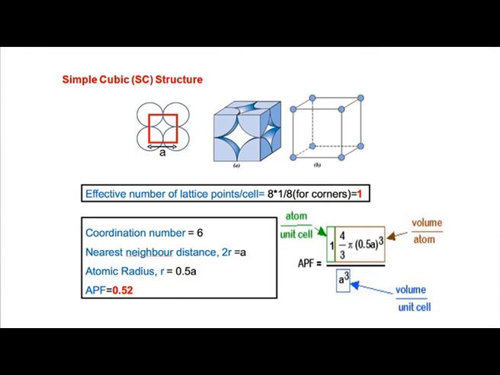Similarly, the coordination number is 6 for a cube, and the nearest neighbor distance 2r can be considered as A. The atomic radius r is half of A, or 0.5 A, and the atomic packing fraction, or APF, observed in cubic structures is nearly 0.62. That is calculated by an equation shown here.